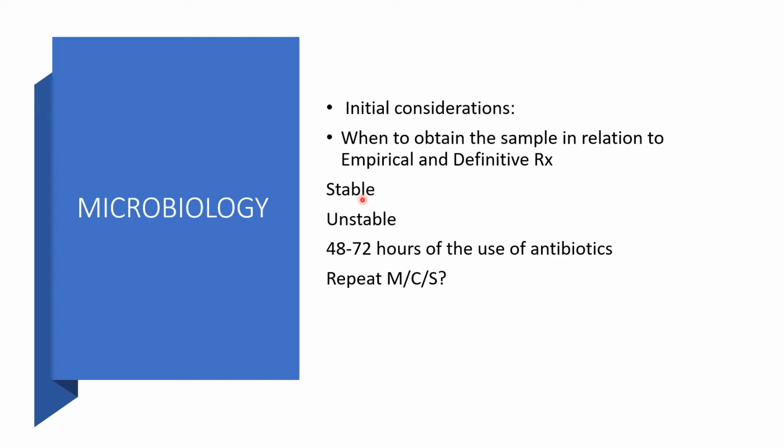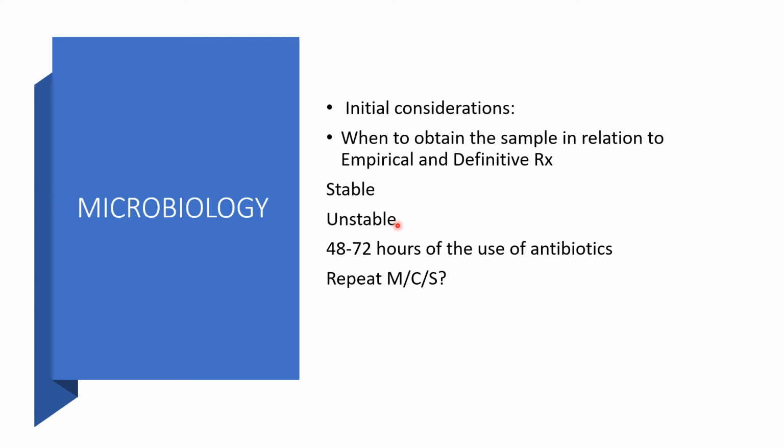For a stable patient, you can take the sample before giving any antibiotics or before starting any empirical treatment. But for the unstable patient, if you can obtain the sample quickly enough, do so, but don't keep the antibiotics away just because you want to obtain the sample.